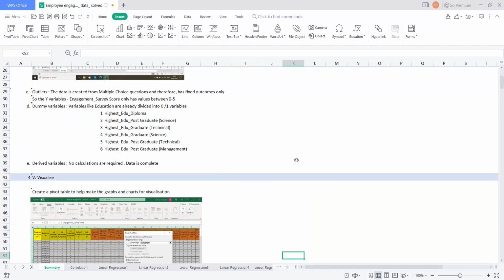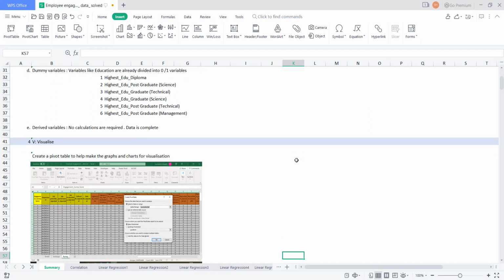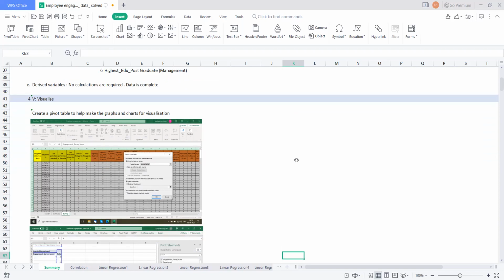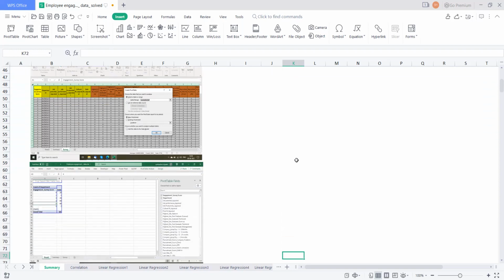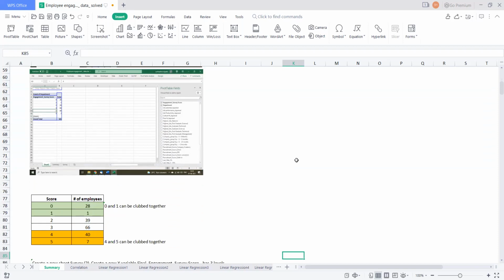There is no calculation required for derived variables. So we have what is a very clean data set. And now we would want to move into the visualized space. So create a pivot table, and then with the outcome of the pivot table, let's create the visualization tables.